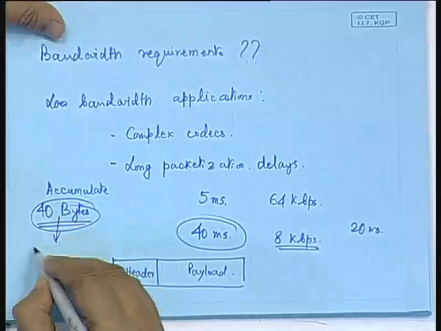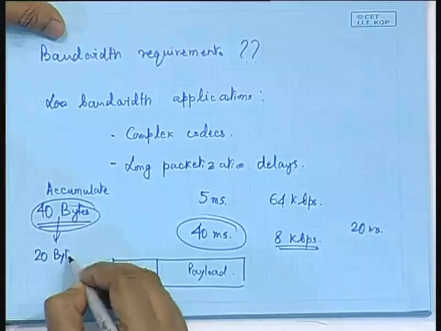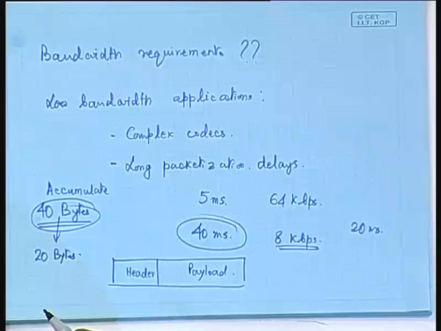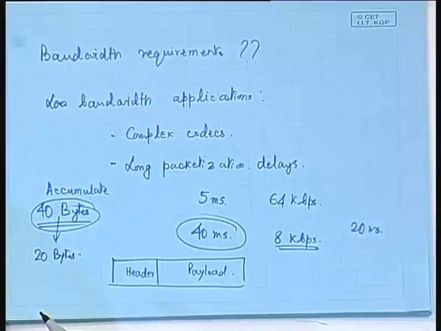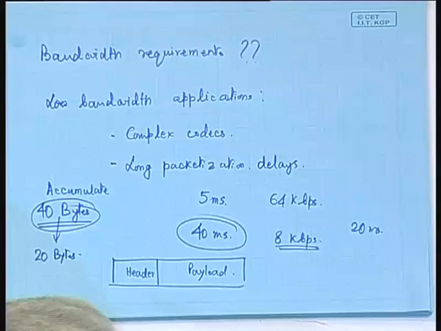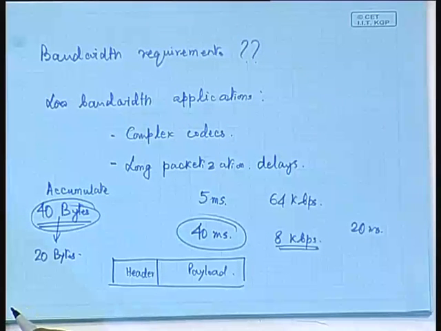Instead of 40 bytes I must reduce it to 20 bytes, but maybe I have 4 bytes of header information. When I had 4 bytes of header for 40 bytes of payload, it was 40 bytes out of 44, so nearly 90% of the packet was payload, and only 10% was header. Whereas now, with 4 bytes of header and 20 bytes of payload, it is 20 out of 24. So, the payload proportion has come down.